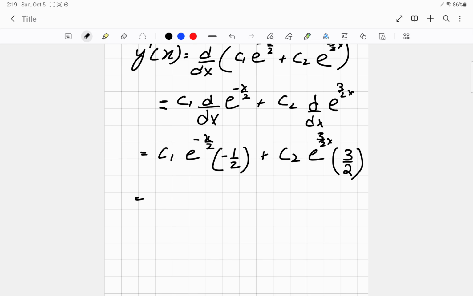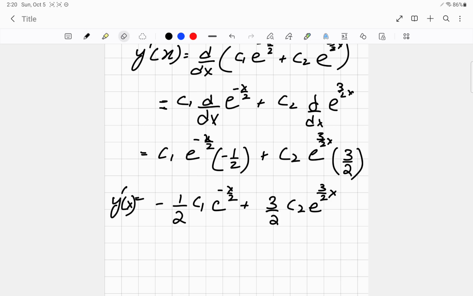Okay, so let's just rearrange them. So negative 1 over 2 c1 e power negative x by 2 plus 3 by 2 c2 e power 3 by 2x. This is y dash of x equals this.